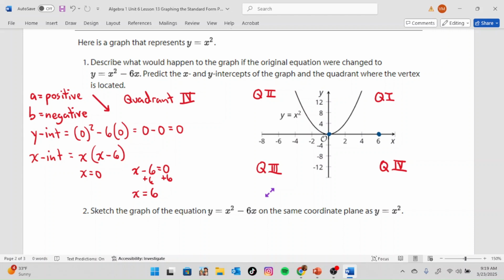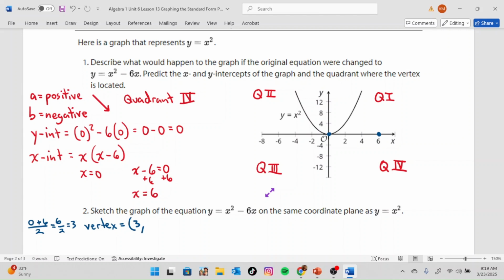Halfway between 0 and 6, if I have 0 plus 6 divided by 2, that becomes 6 divided by 2, which is 3. So my x-coordinate should be 3.